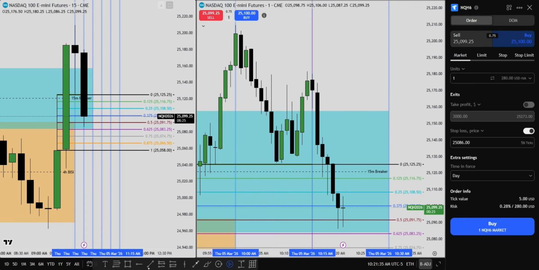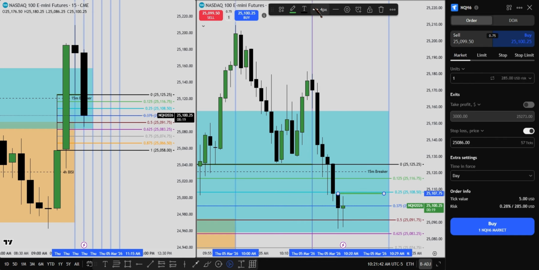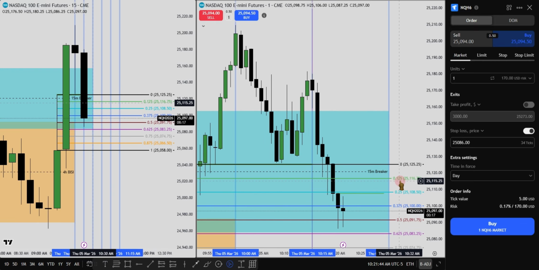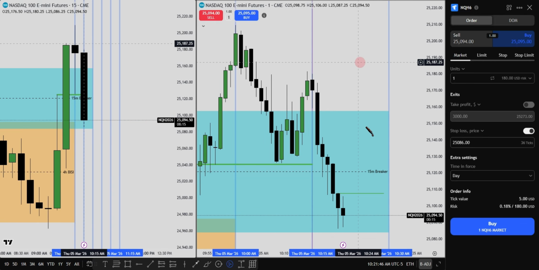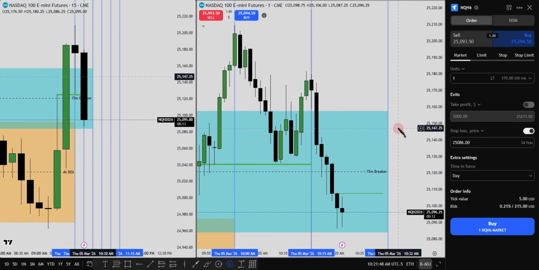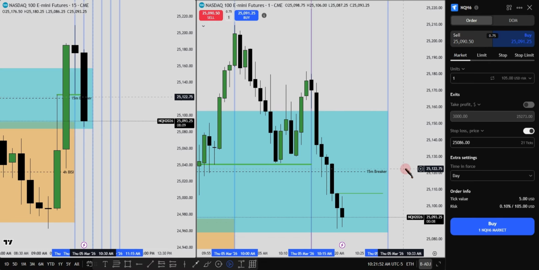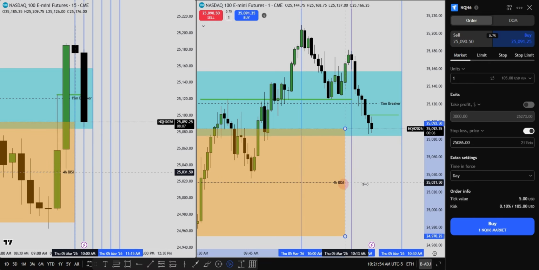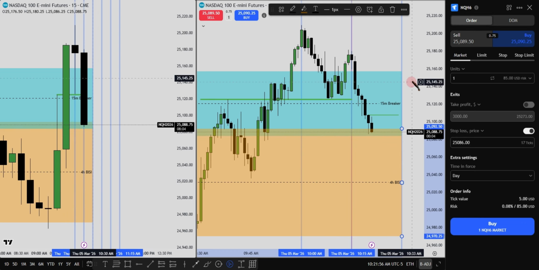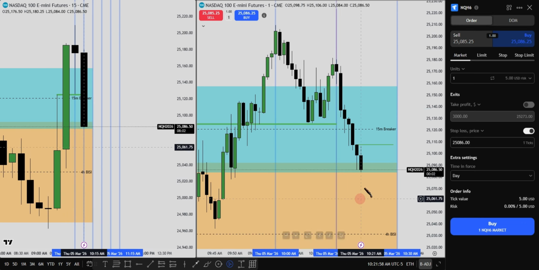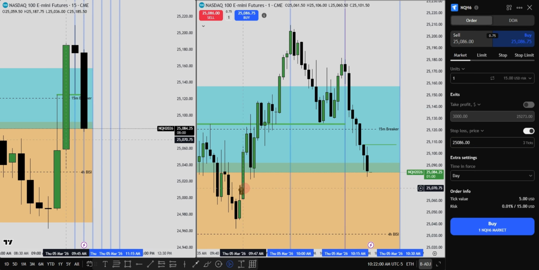So we need to see a close above this open. Delete that, there's just too much going on. If it continues to push down lower and through this breaker, I'm just gonna sit tight and see what it wants to work down here as far as liquidity.